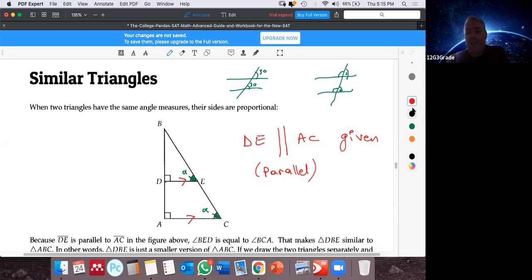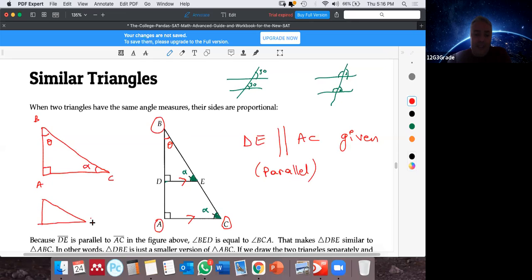Now my question is coming. When you look at the triangle BAC, if I call this angle theta, do I have this form? I am drawing one more time. This is now theta, this is now alpha, this is now 90 degrees, where B, A, and C. Now, when you look at the small triangle, which is E, D, and B, here 90 degrees, alpha, and theta.